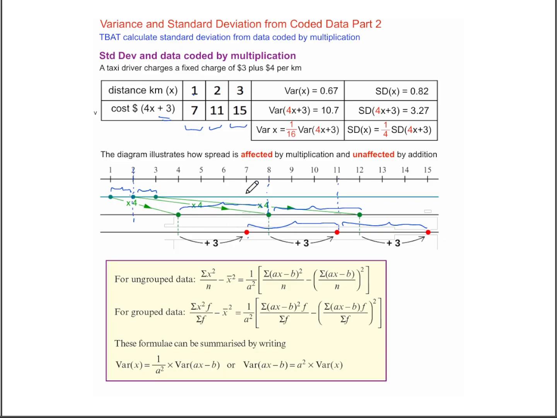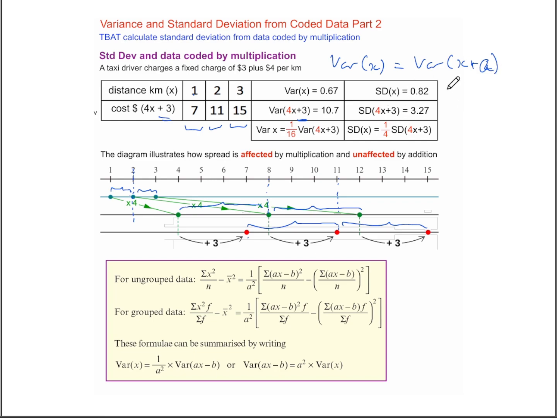So how is that coded data that you multiplied related to the variance? We get this. Adding the constant does not make any difference to the variance, meaning the variance of x alone will be equal to the variance of x plus 2 or x plus a for that matter. We did this in the last lesson.